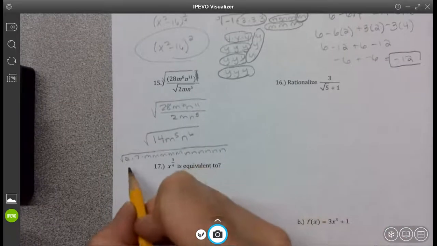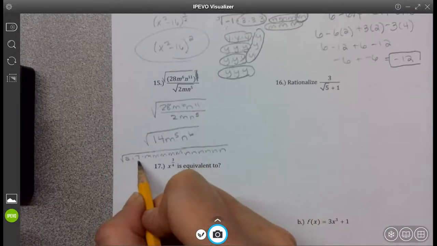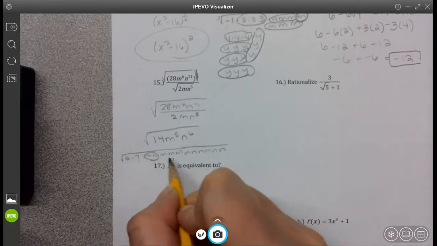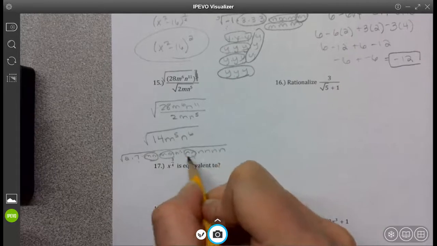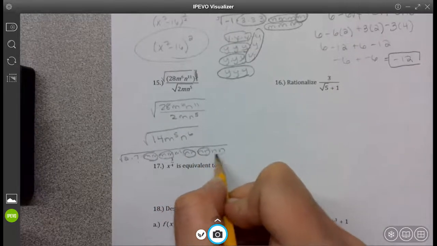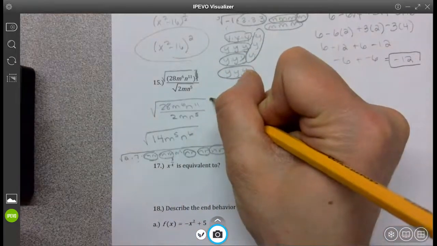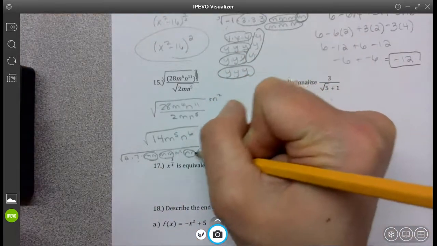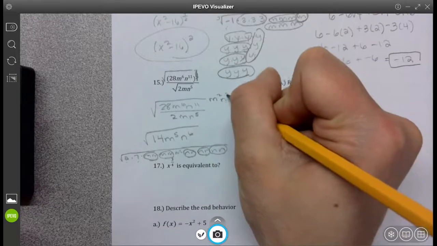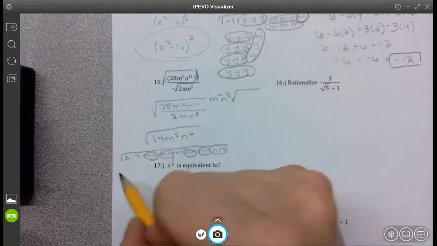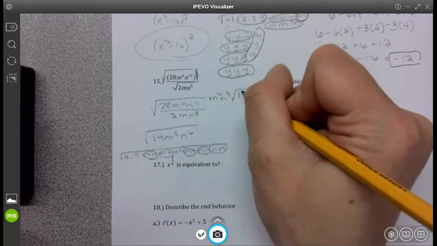And take your pairs out. Can't take a 2, can't take a 7, take an M, take an M, take an N, take an N, take an N. So M squared, N to the third, 14M.